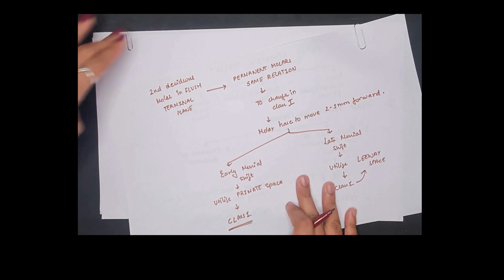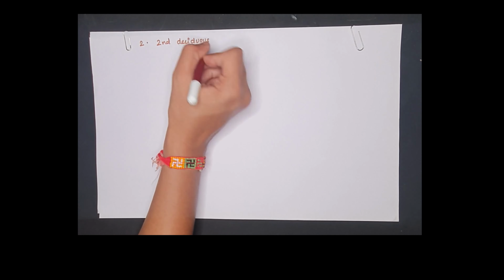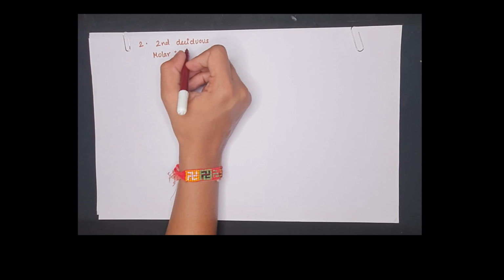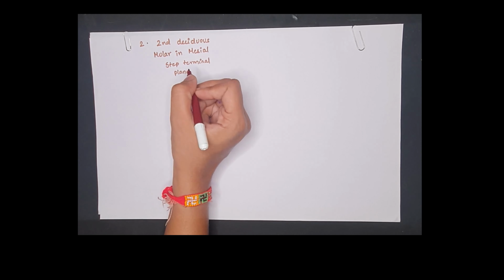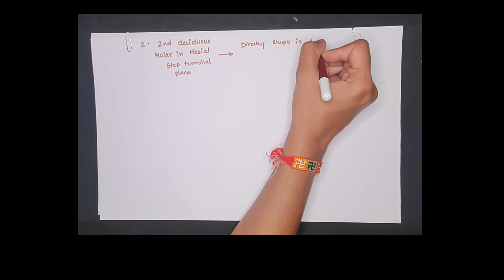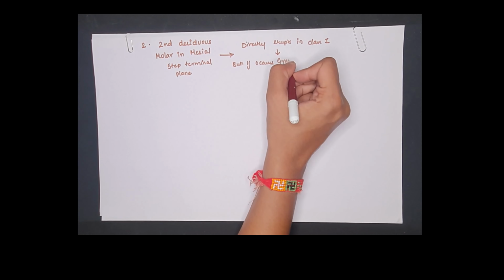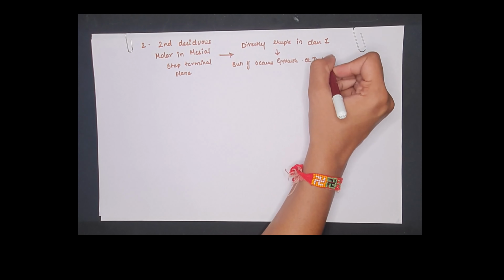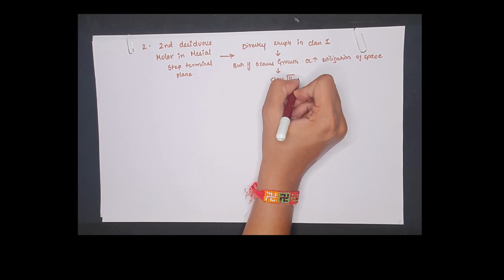Now, let's discuss what happens when the second deciduous molars are in mesial step terminal plane. The mesial step, as you can remember, is when the distal surface of the mandibular deciduous molar is in a more mesial relation to the maxilla. Now, it directly erupts in class 1, but if increased growth occurs or there is more utilization of the space, it results in class 3.